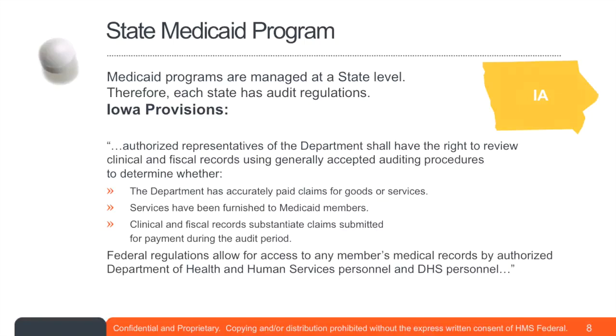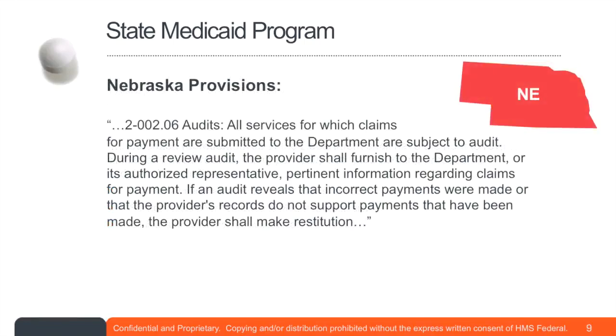The next slide refers to Nebraska, and again, it's worded very similarly. All services for which claims for payment are submitted to the department are subject to audit. During the review audit, the provider shall furnish the department or authorized representative the pertinent information, and so on.